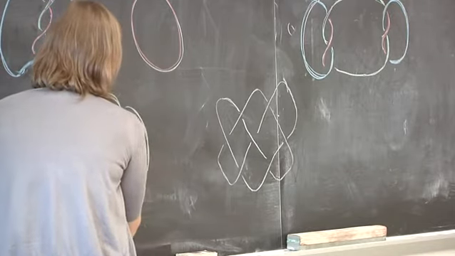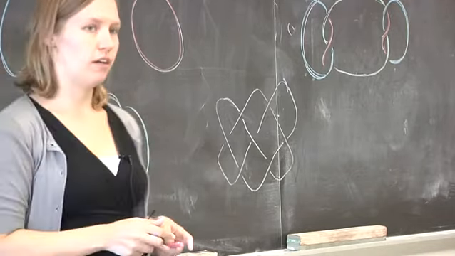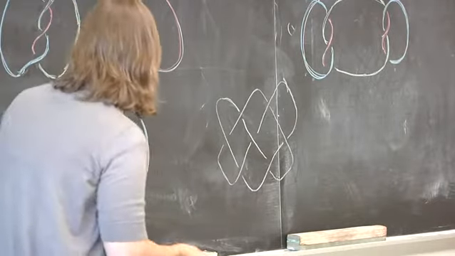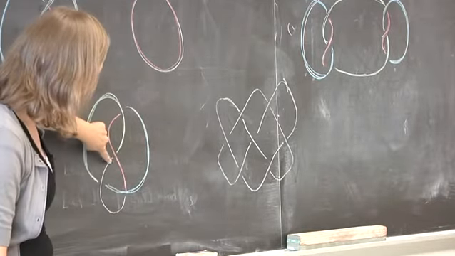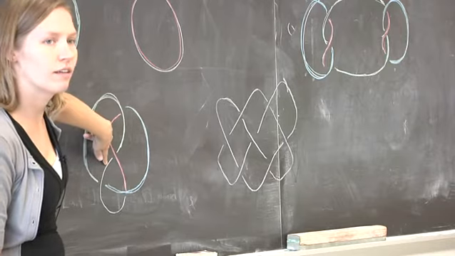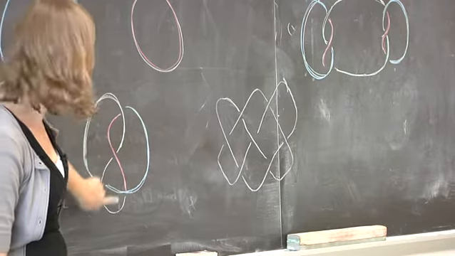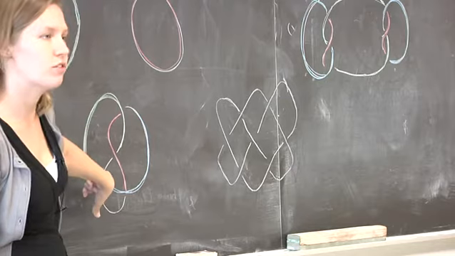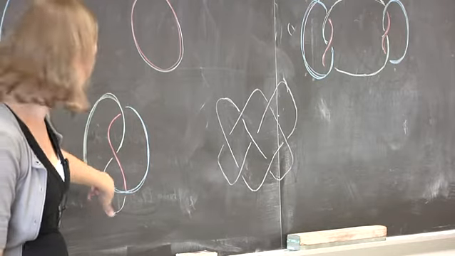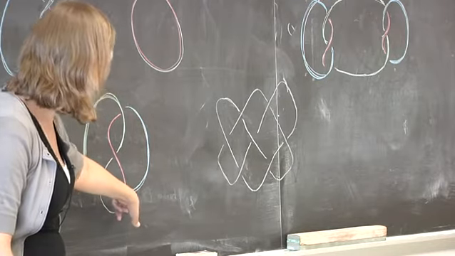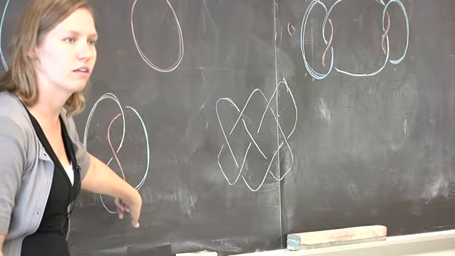So this is how you show there's not a 3-coloring. So based on the information at this crossing, what color does this other strand have to be? Blue. Based on the information at this crossing, what strand should it be? Red. And based on the colors at this crossing, what color? Green.